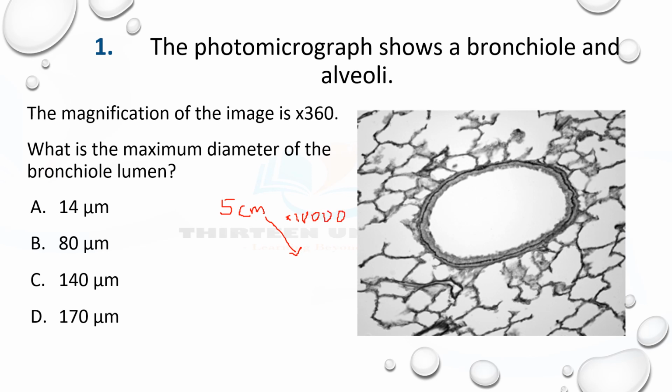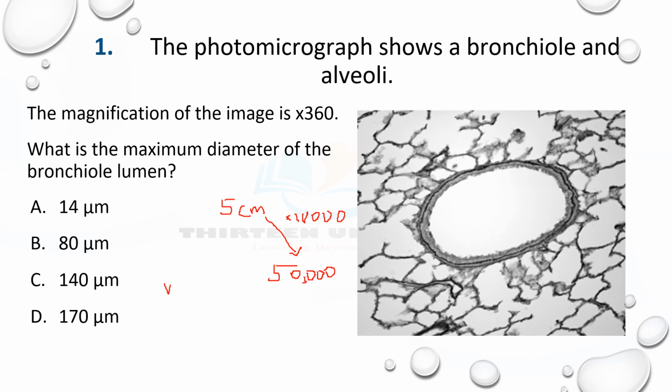So this is about 5 centimeters, which will give you 50,000. And don't forget that the measurement you get from the photomicrograph is the image size. What we're looking for here is the actual size.